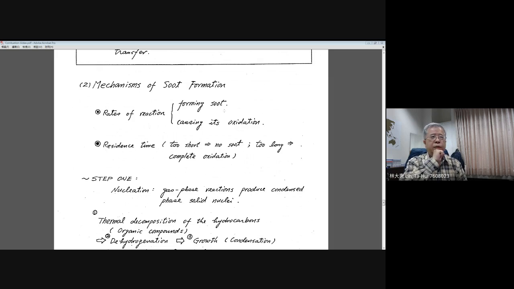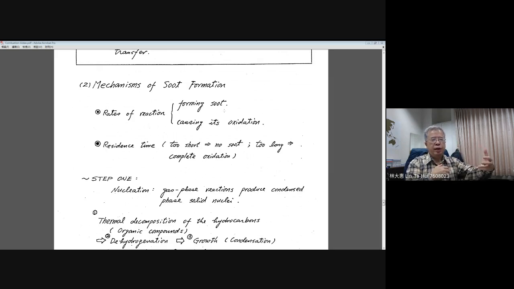The other chemical reaction rate that you need to consider is this: the carbon released will meet with oxygen coming from the surroundings, from the air, and then they will start to so-called have oxidation. This is another competing chemical reaction rate. Then you can think the decomposition of hydrocarbon will form soot.